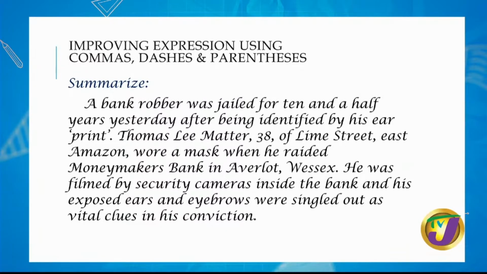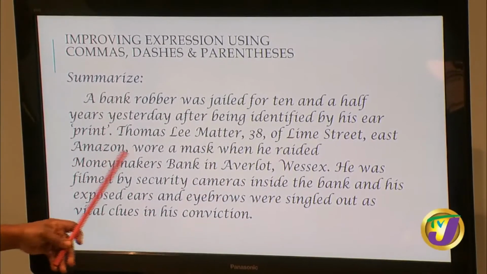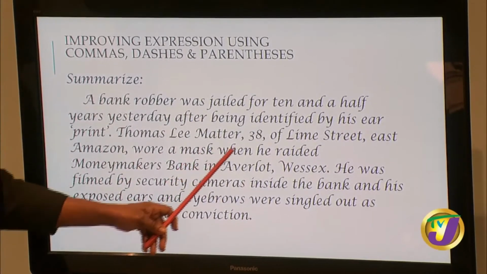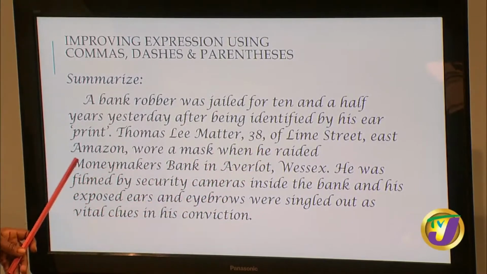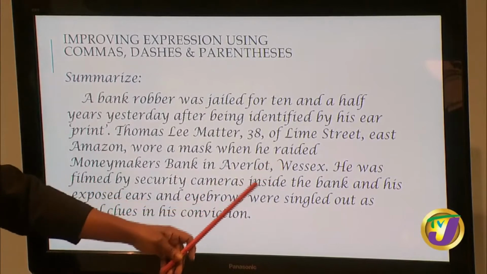While doing so. A bank robber was jailed for 10.5 years yesterday after being identified by his ear print. Thomas Lee Matter, 38, of Lime Street, East Amazon, wore a mask when he raided Moneymakers Bank in Averlot, Wessex.